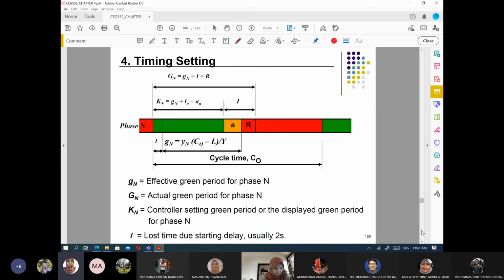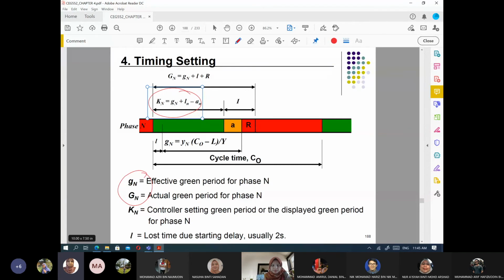Okay, so this is the timing setting. In order to put into your traffic light diagram, you will use K. K is the controller value. But before you find K, you need to know the value of G first, the actual green period. You need to find the effective and actual green values before you can get your controller green.